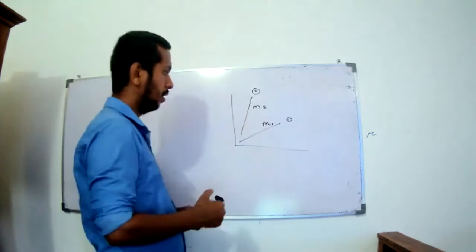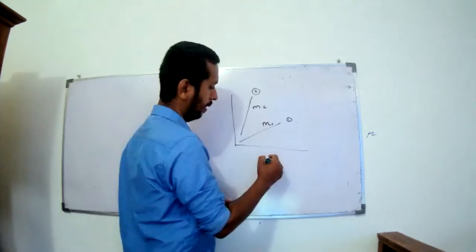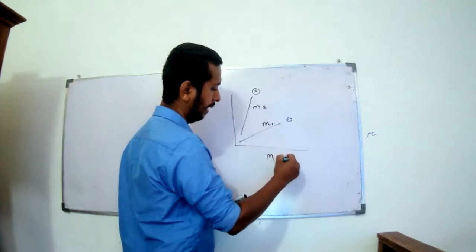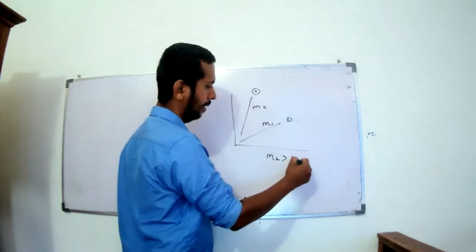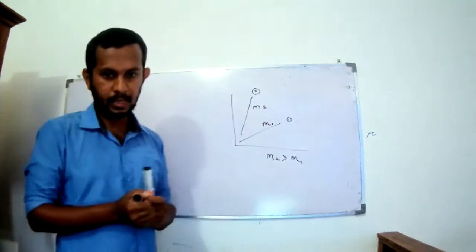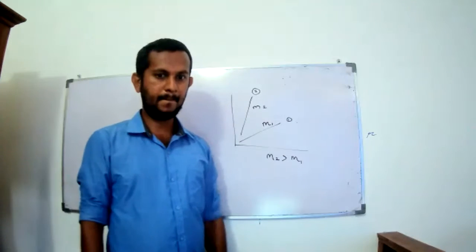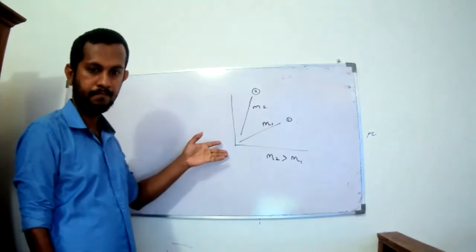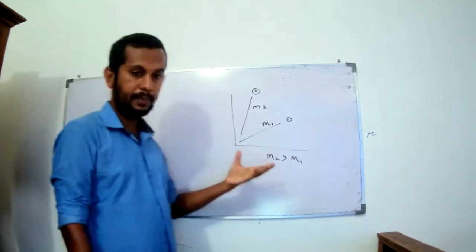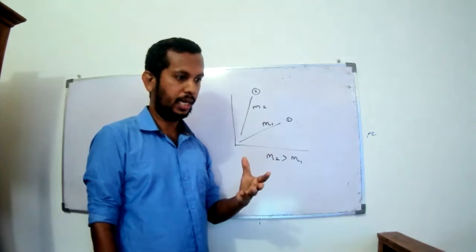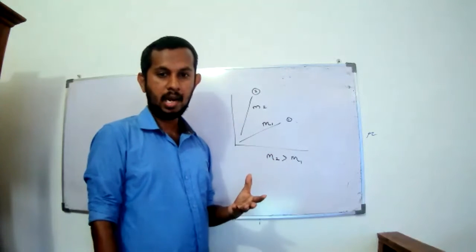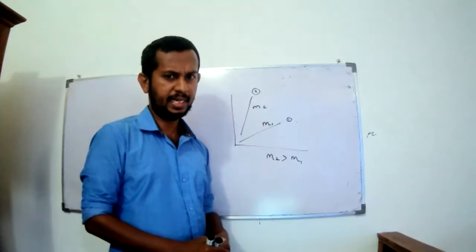So you can imagine for graph number 2, the gradient m2 is greater than m1. Now you can get an idea. If I give two graphs, then you will be able to understand out of two graphs which one has the highest gradient, right?